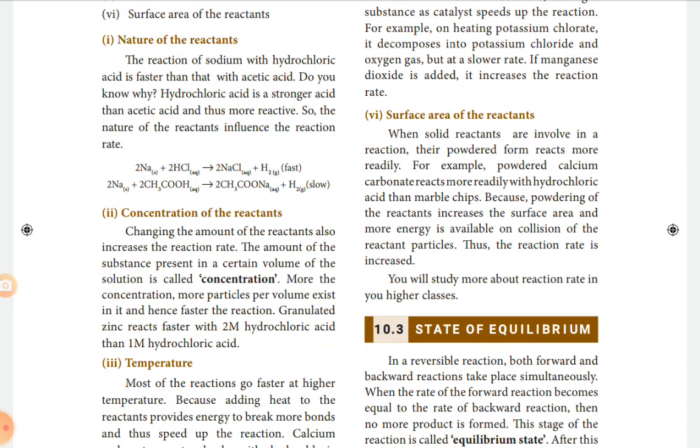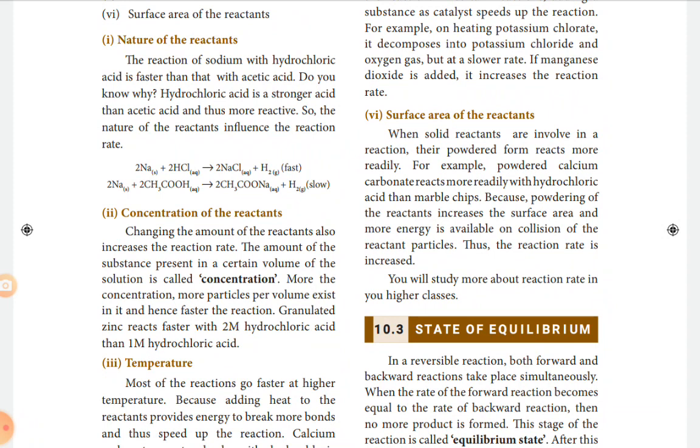So here see it is given: when solid reactants are involved in a reaction, solid reactant in the form of crystal, for example, powdered calcium carbonate, it reacts slowly. That is, for example, listen, when solid reactants are involved in the reaction, their powder form reacts more readily than the solid form.